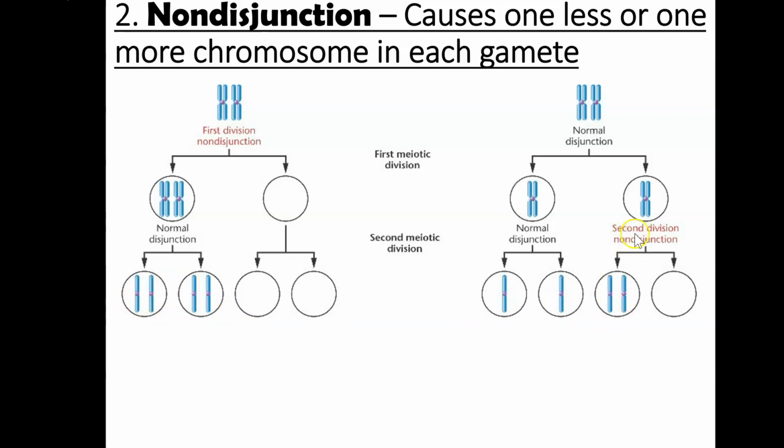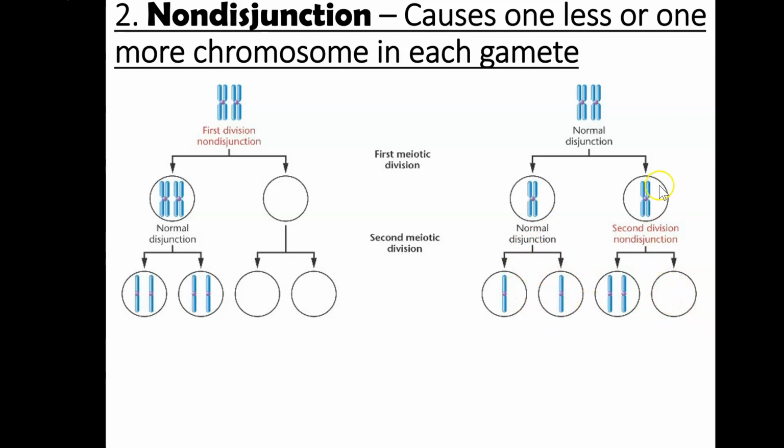Non-disjunction can also happen during the second meiotic division. This is normal disjunction, where you have two chromosomes, one goes into each of the cells, and then in the second division the chromosome will split, and each of these cells will have one of those single-stranded chromosomes, or chromatids.